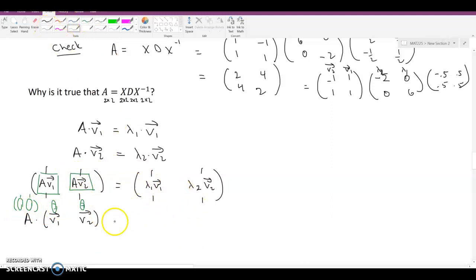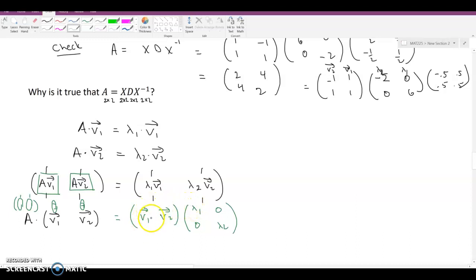For lambda 1 V1, this is a little bit less obvious to see, but if I write V1, V2 in a matrix, so those are the columns of my matrix, and then what I do is I write a matrix with lambda 1, 0, 0, lambda 2 here like this, and you can see this multiplication will be lambda 1 times V1.